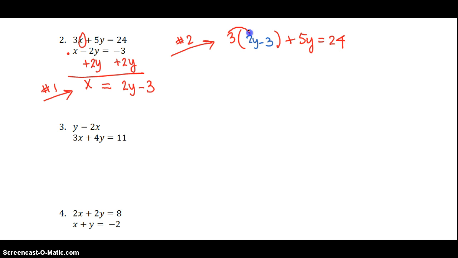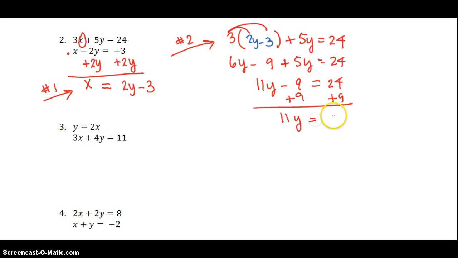And don't forget to distribute the 3, because 2y minus 3 is one number, and that whole number is getting multiplied times 3. So now that becomes 6y minus 9 plus 5y equals 24. Combine your like terms, 11y minus 9 equals 24. Add 9.